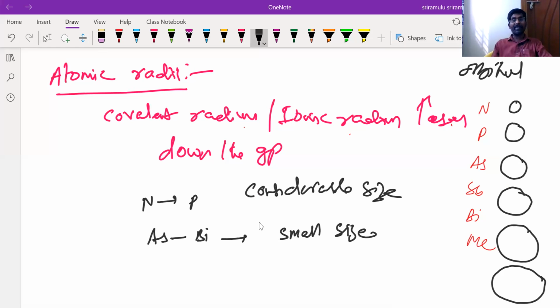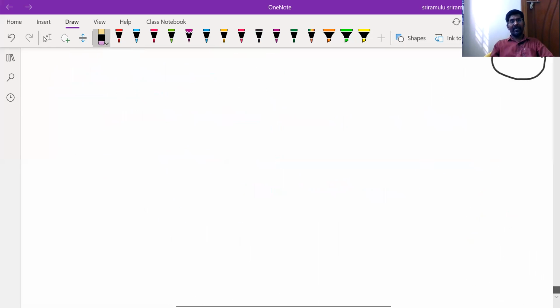And one more thing is the nuclear effect, which also causes a considerable change in size. You have to remember that also.